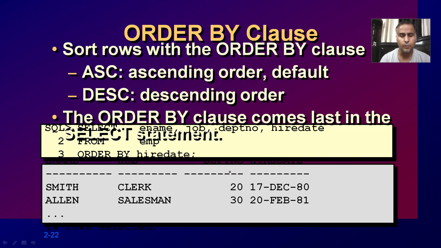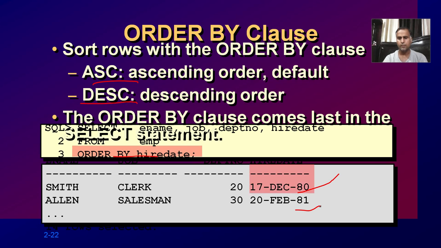Here one more example, the ORDER BY clause. It is used to display the result in ascending form and descending form. We can apply this after the select ename, job, department number, hire date from the emp order by hire date. So we will get the result in the form of first it displays 80, then it will display 81.